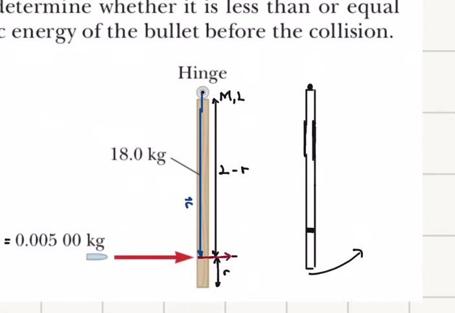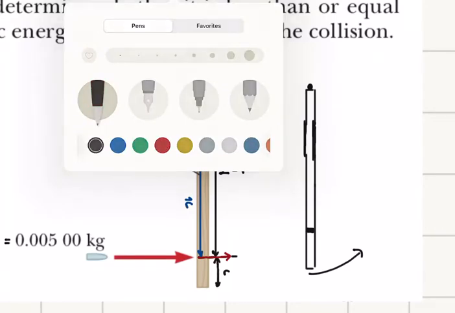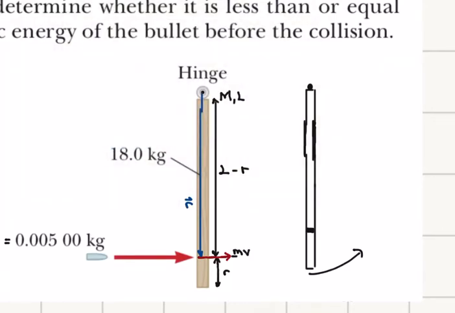This will be the r vector, and I see that the bullet just before it hits the door will have a linear momentum vector equal to m times v.